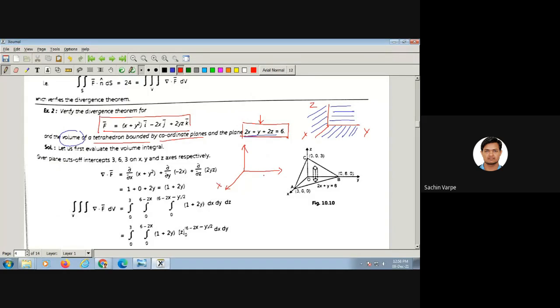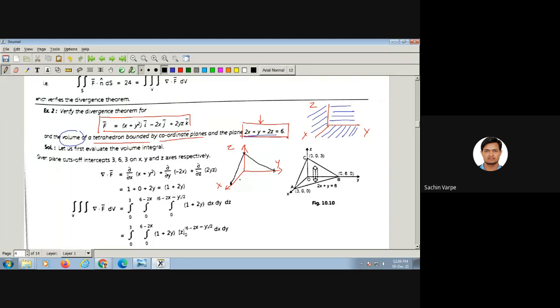So suppose this is our 3-dimensional coordinate system x, y, z, and the plane 2x plus y plus 2z equal to 6 is cutting these 3 coordinate axes. Then it will cut the z axis somewhere here, the x axis somewhere here, and the y axis somewhere here. So if we see the figure, it will look like this.